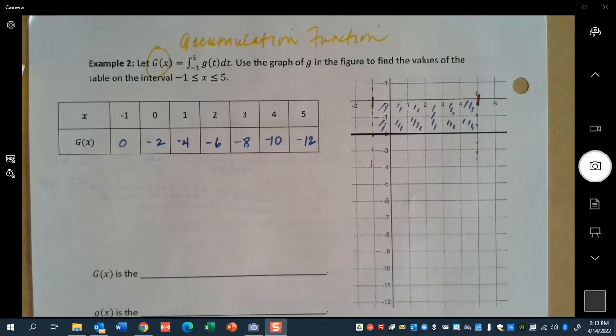What is that? Keep that thought in your head, it's a really good one.